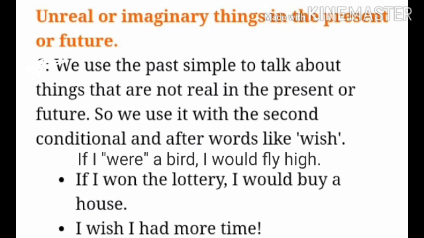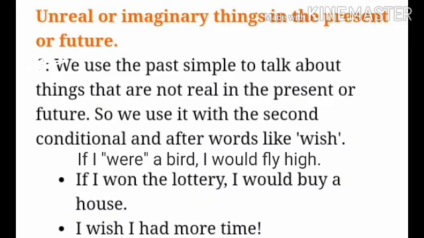And in the third example, we have the verb had: has, had; have, had. So this tense is used to talk about things that are not real in the present or future. So we use it with the second conditional. Second conditional is the type of conditional sentences which we will be discussing afterwards.